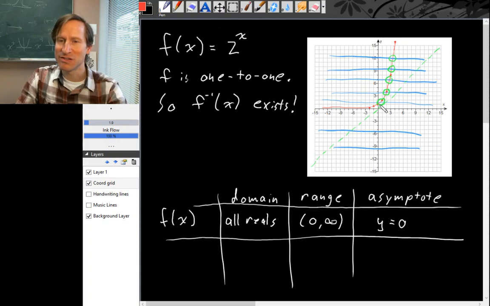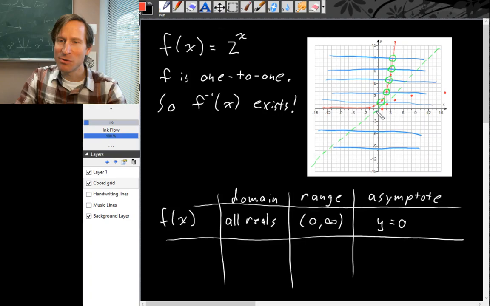So the y-intercept of the function f is (0, 1), and that turns into (1, 0), and then this point up here on the original graph, (1, 2), turns into (2, 1), and (2, 4) turns into (4, 2), and then (3, 8) becomes (8, 3), and then (4, 16) becomes (16, 4), like this.